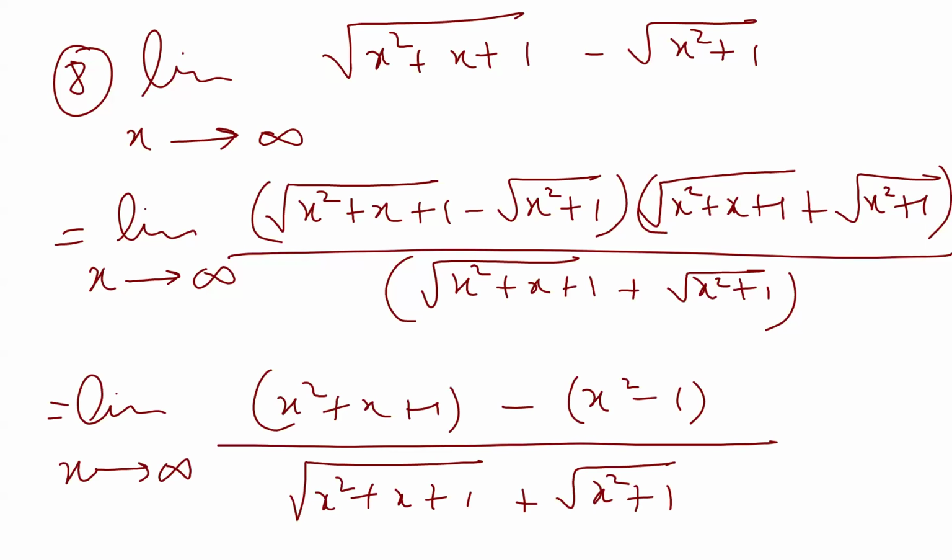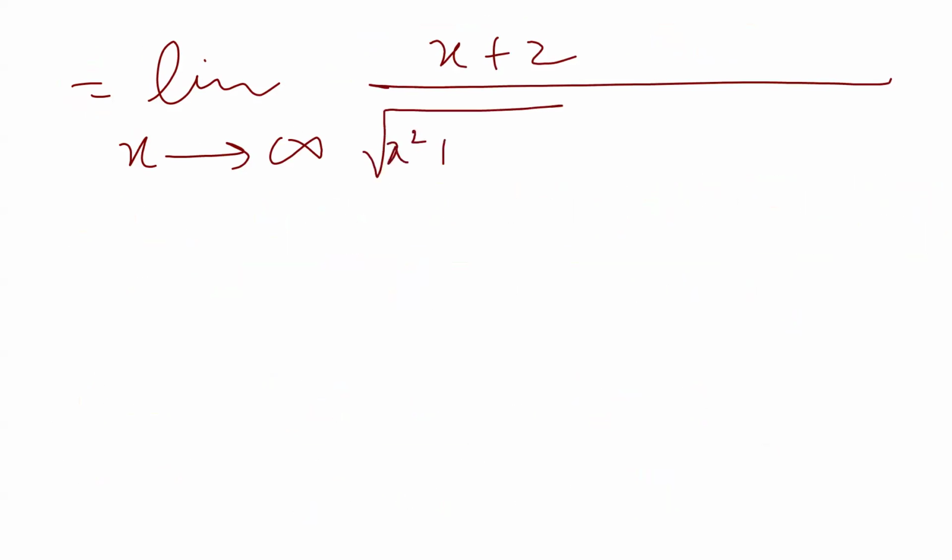From the numerator, x square is getting cancelled. So we are left with x plus 2. So limit x approaching infinity, x plus 2 upon root of x square plus x plus 1 plus root of x square plus 1.